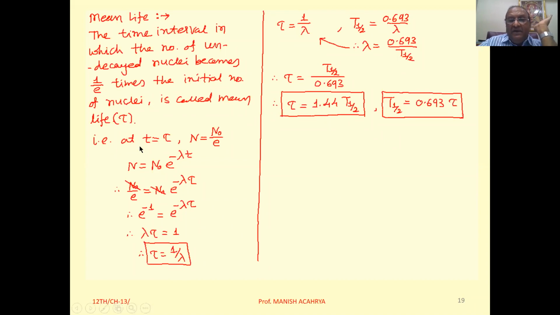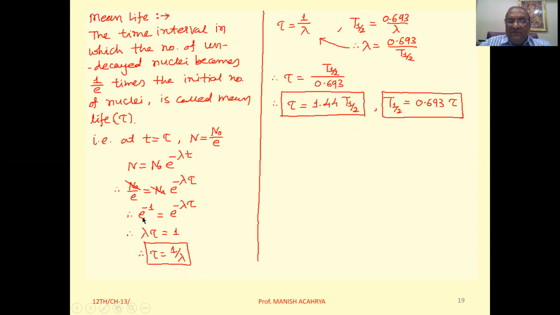Now see, here we can write at time t equal to tau, that is the mean lifetime, the number of undecayed nuclei becomes 1 upon e times the initial number, means n equal to N0 by e. Now we have the equation n equal to N0 e raised to minus lambda t. In this one, substitute t equal to tau. And at that time your n is N0 by e. N0 cancelled.